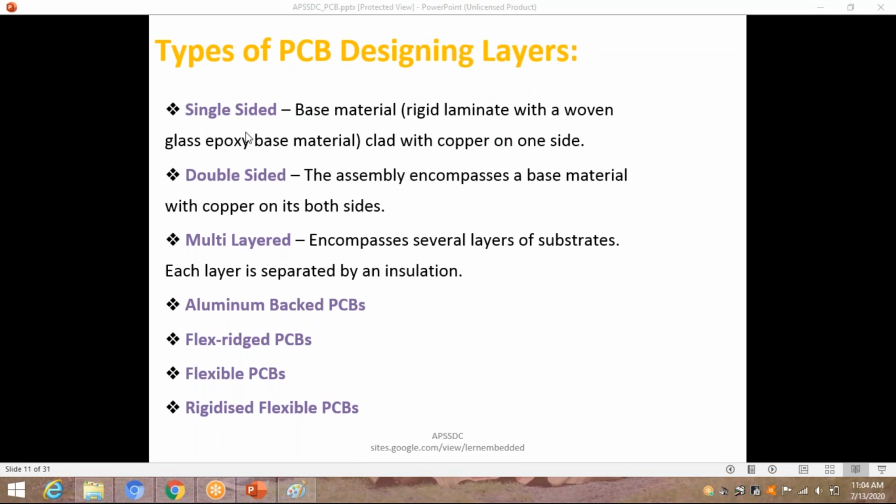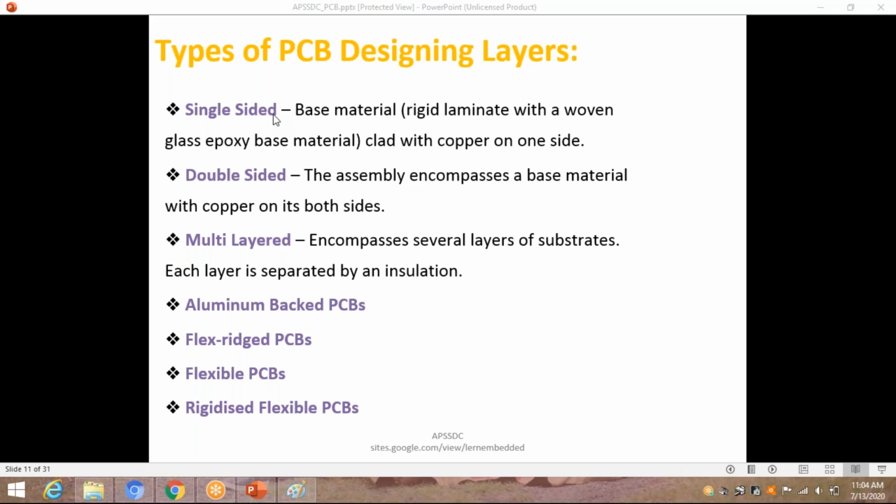Okay, what is the advantage of double-sided PCBs over single-sided PCBs? Can anyone respond? Size and complexity is reduced, sir. For more complex circuits. Yes, that's nice. For more complex circuits, we need double-sided PCBs, because on both sides we can design the copper tracks.